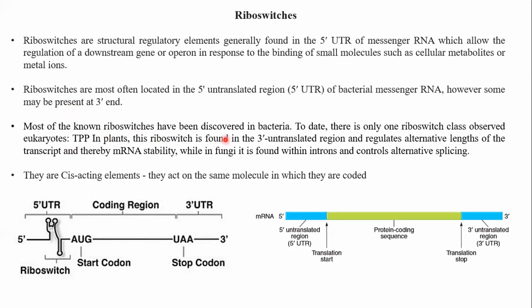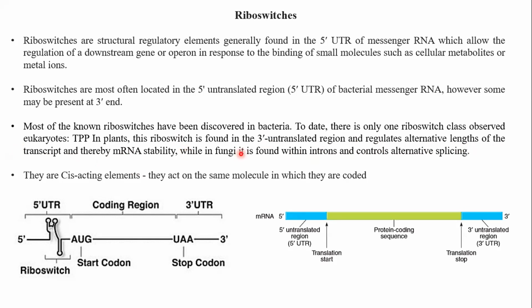In plants, this riboswitch is found in the 3' UTR. See, here this riboswitch is in the 3' UTR. It is not necessary that all riboswitches should be present in the 5' UTR. That is the normal, usual position, but here is the exception. And it regulates the alternative lengths of the transcript and thereby mRNA stability.